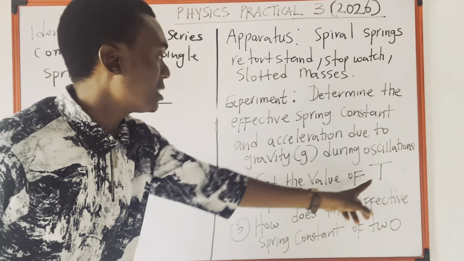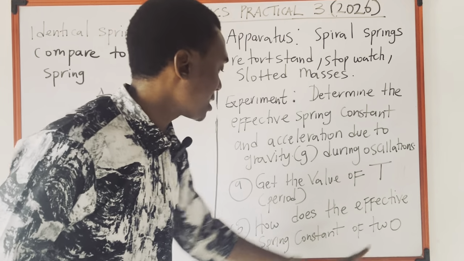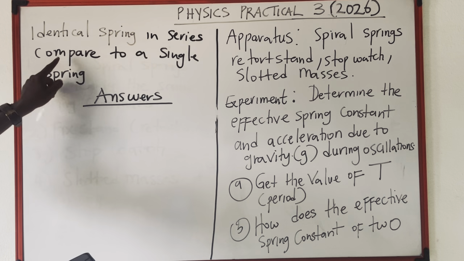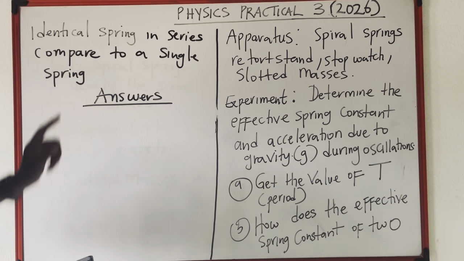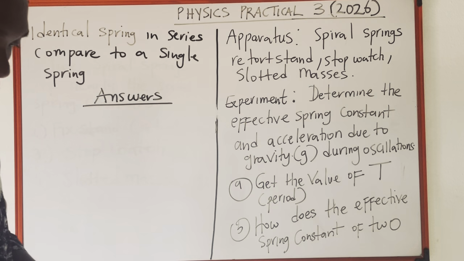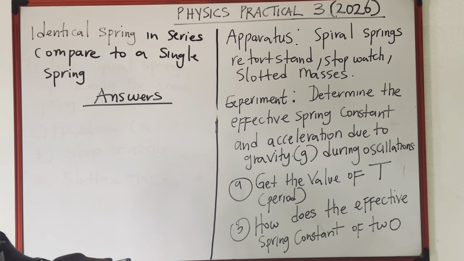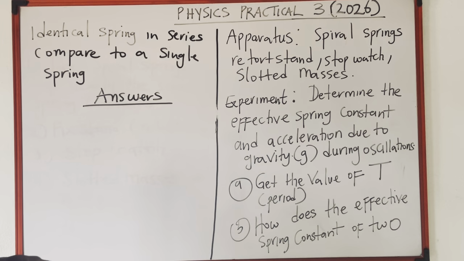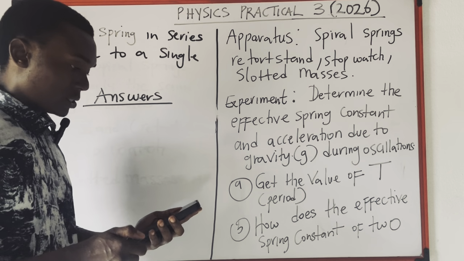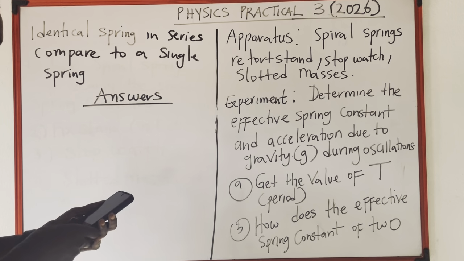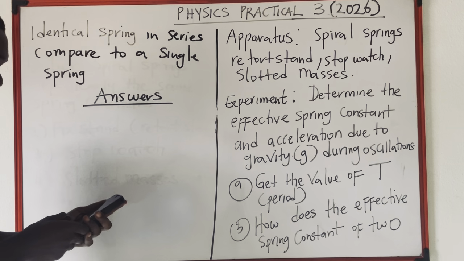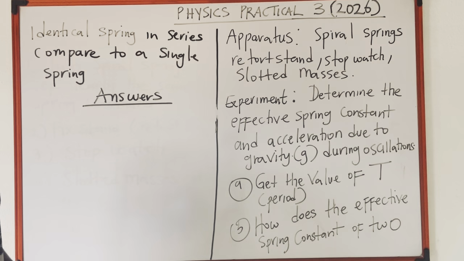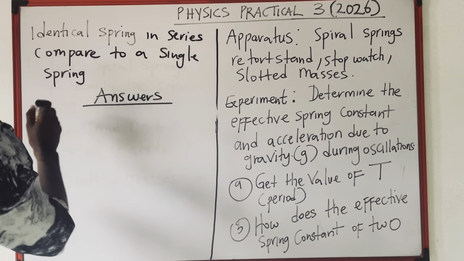Get the value of T, the period. How does the effective spring constant of two identical springs in series compare to a single spring? Now, to get the value of the period, these are the things that you need to do.